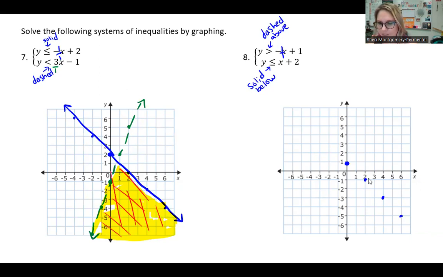This one will be a dashed line. And I shade above. So shading above looks like this.